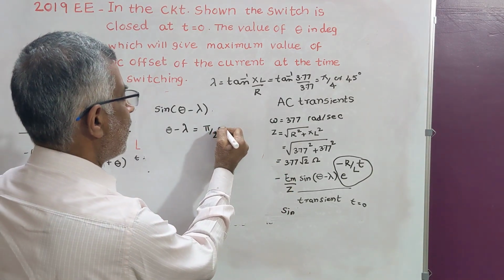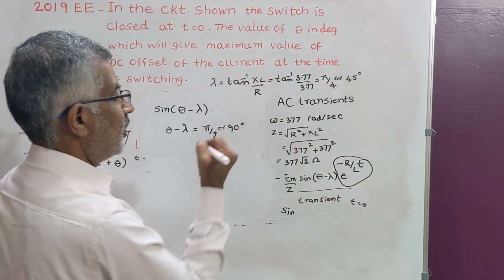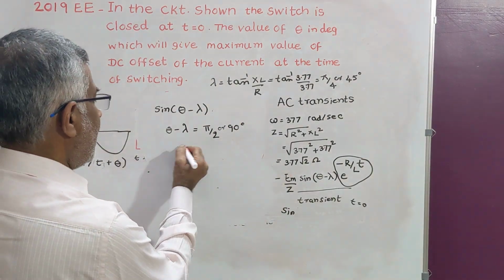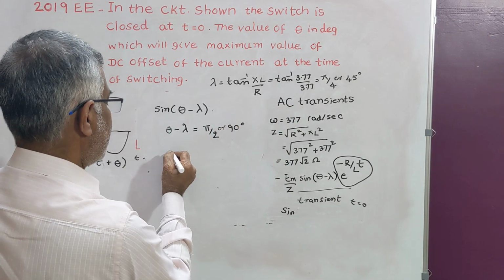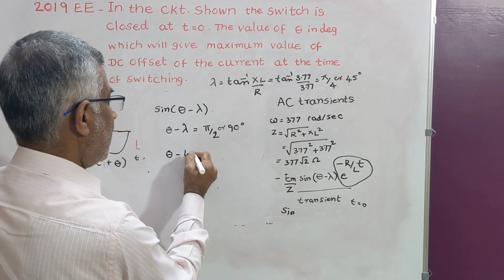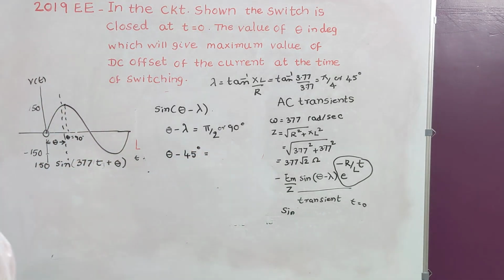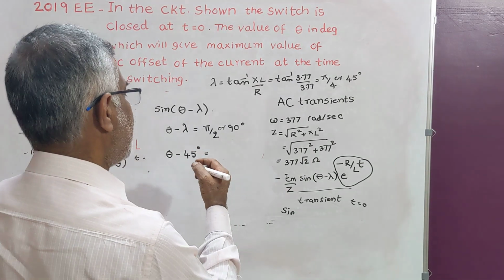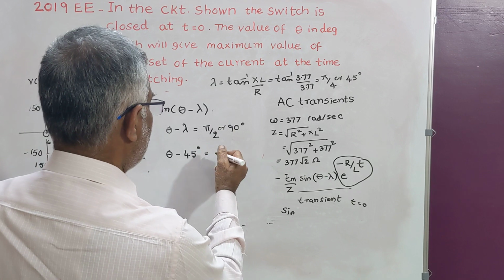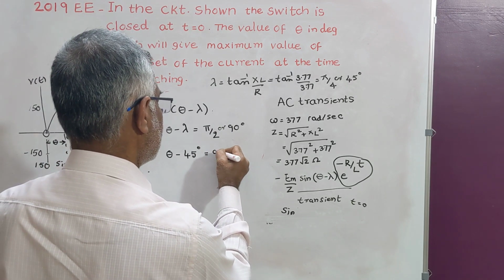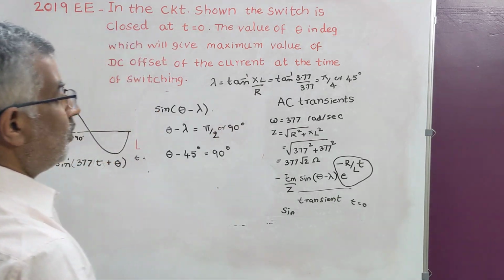Pi by 2 means 90 degrees. Now in this problem, lambda is 45 degrees. Theta minus 45 degrees is equal to 90 degrees.